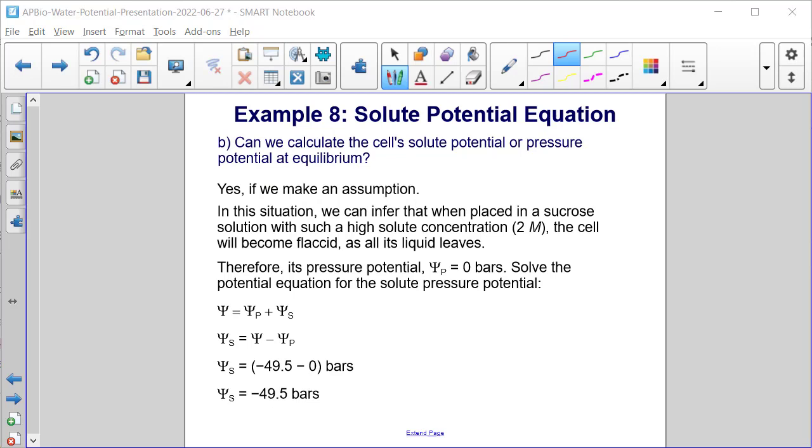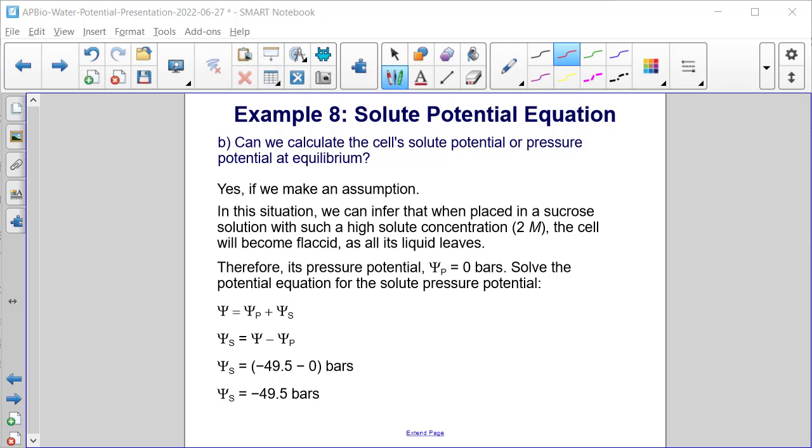Now, can we calculate the cell's solute potential or pressure potential at equilibrium? We can, we just have to make an assumption. In this situation, we can infer that when placed in a sucrose solution with such a high solute concentration, 2 molar, the cell will become flaccid as all its liquid leaves. Okay, so if you put the cell in a really highly concentrated sugar water, then water will rush out and it will become flaccid.